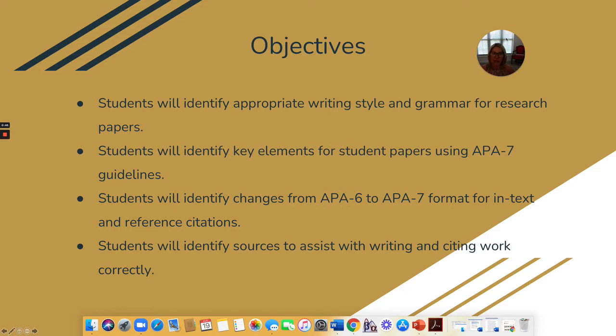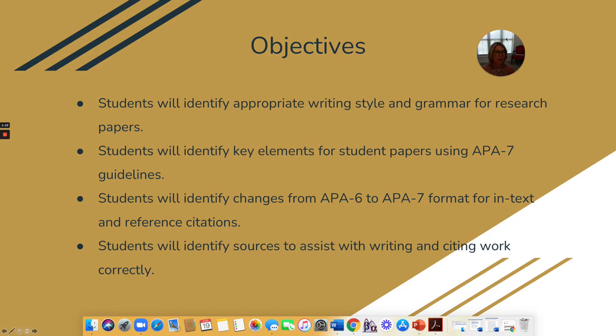You'll be able to identify key elements of student papers using APA 7 guidelines, and identify some of those changes from the APA 6 format to APA 7, especially for in-text and reference citations. And you'll be able to identify some sources that can assist you with your writing and the citing of the work that you will do at FSU.